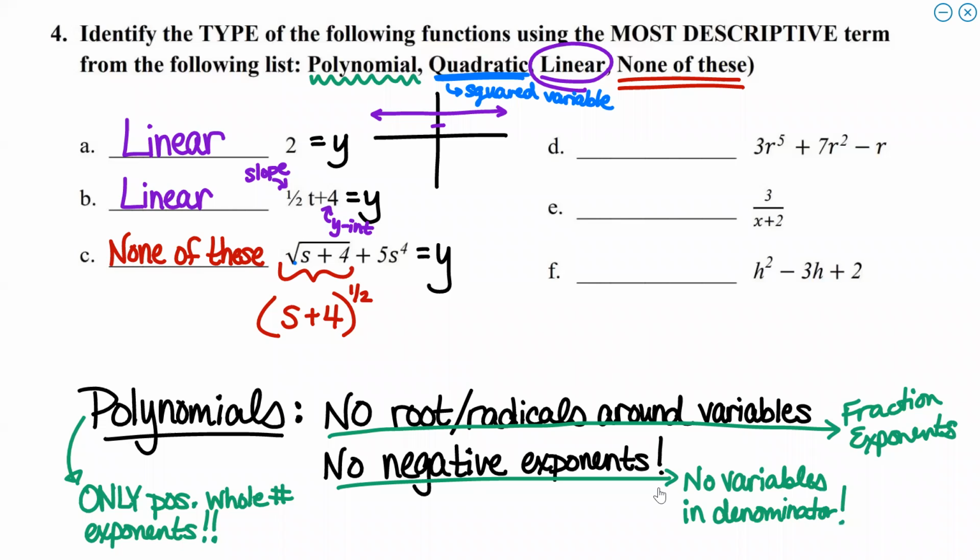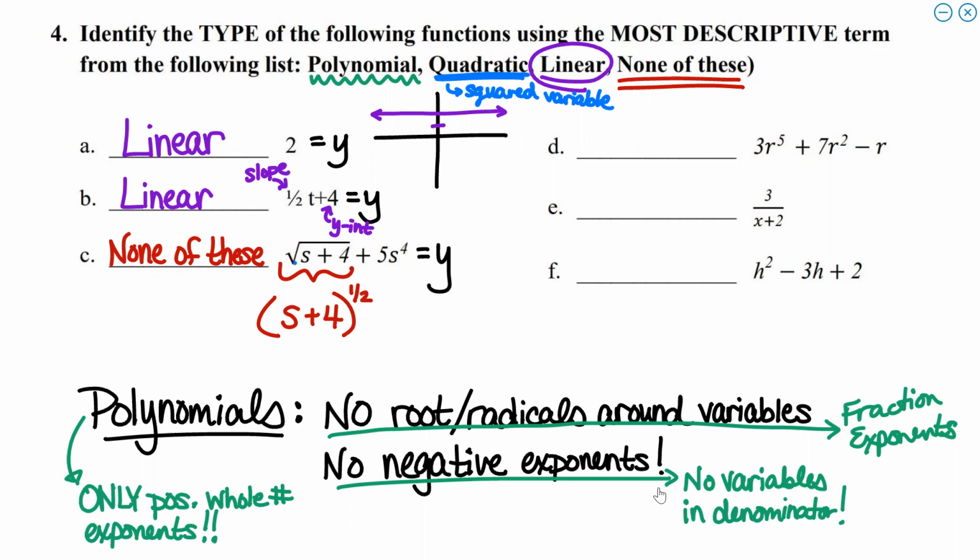If there are variables in the denominator and it's been fully simplified, it cannot be a polynomial anymore. I can have fractions where I just have numbers down in the denominator, like that 1/2 t. The 1/2 was not a problem. If it was 1/t, that would be a problem.